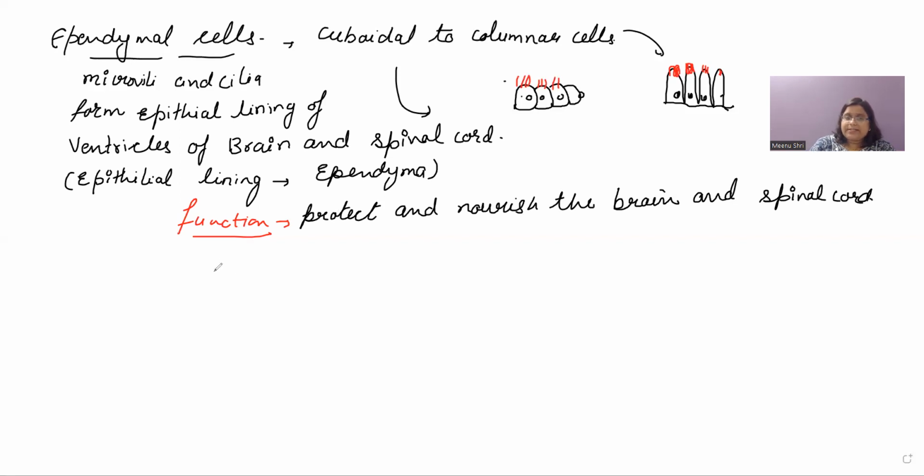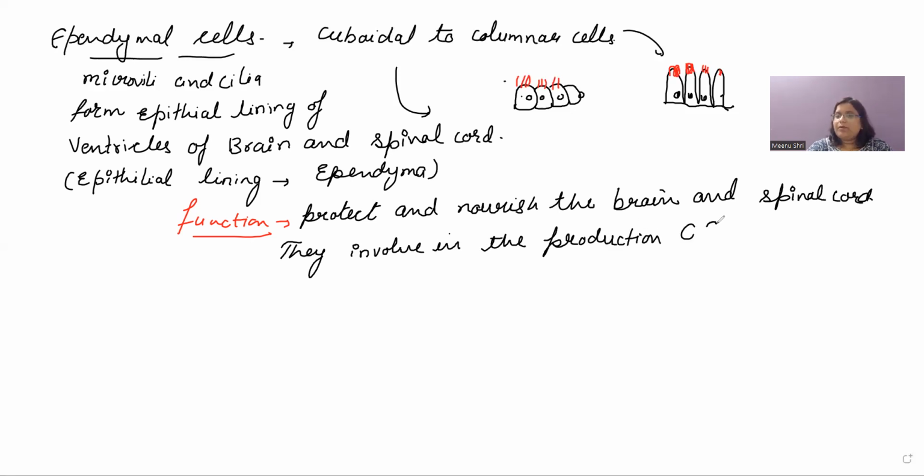The next function is that they are involved in the production of CSF, cerebrospinal fluid. Simultaneously, they are involved in the production of the cerebrospinal fluid. Okay, so these are the ependymal cells.